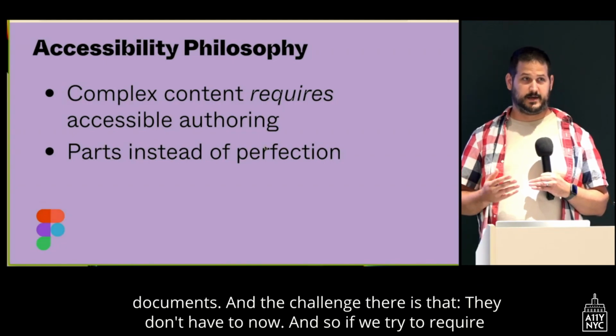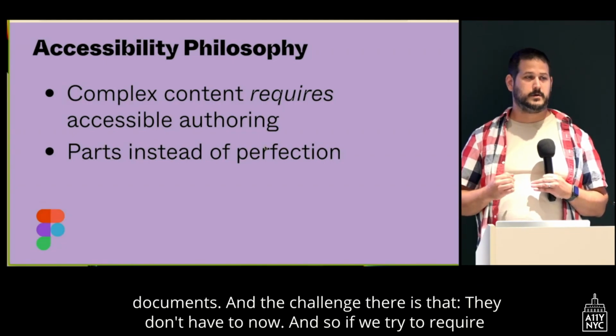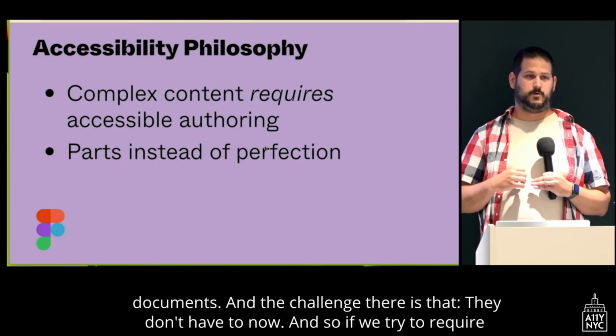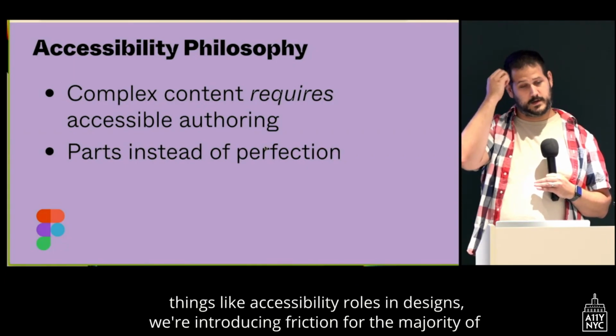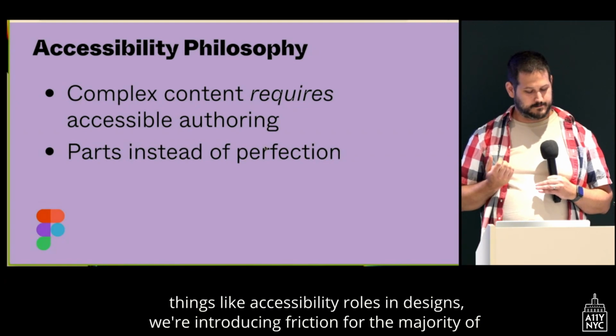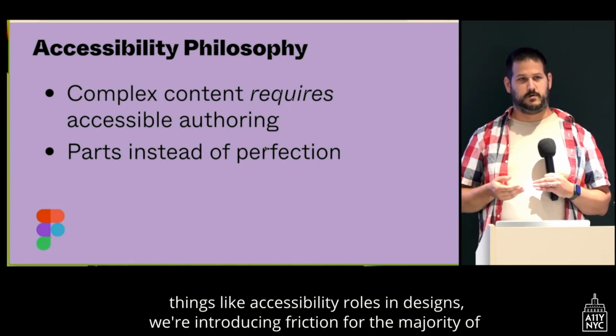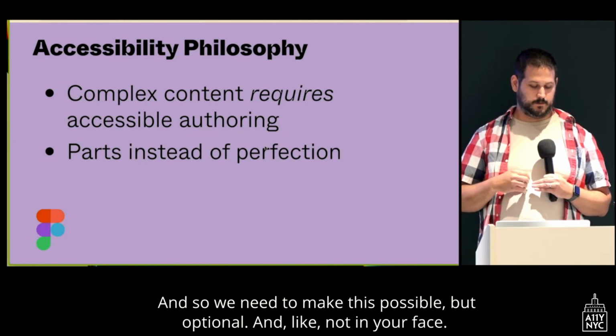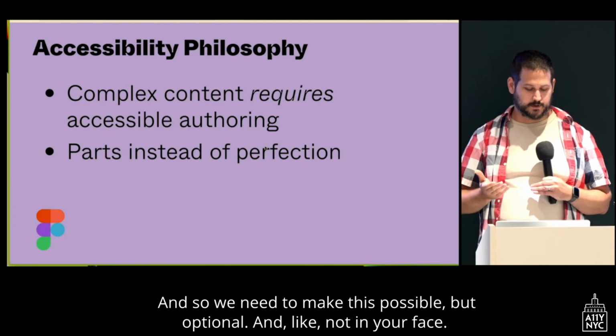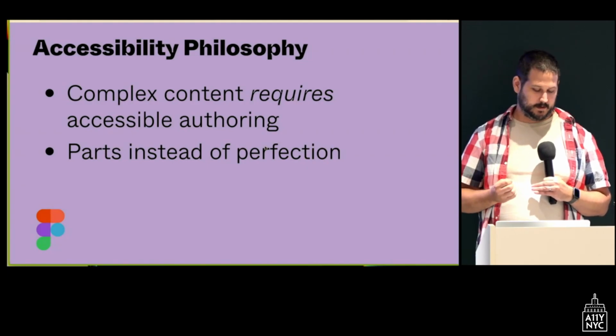And a challenge there is that they don't have to now. And so if we try to require things like accessibility roles in designs, we're introducing friction for the majority of users who have workflows that are working for them today that don't require those things. And so we need to make this possible, but optional and not in your face.